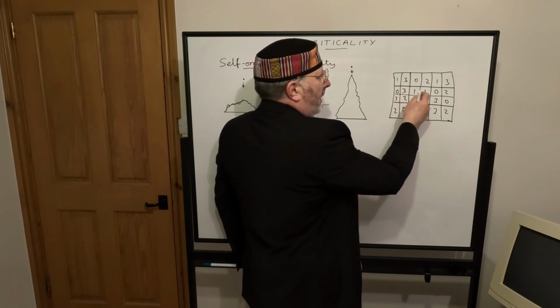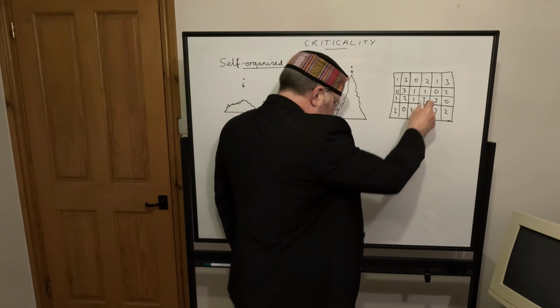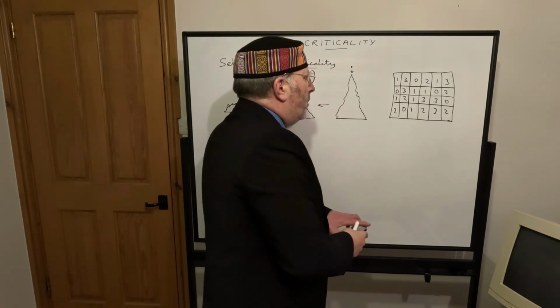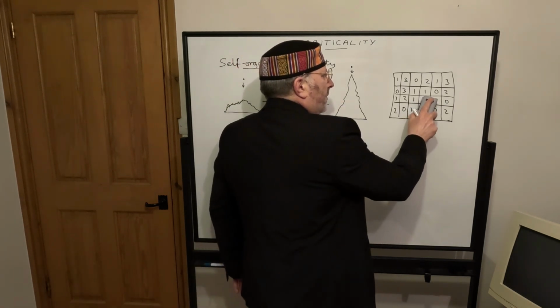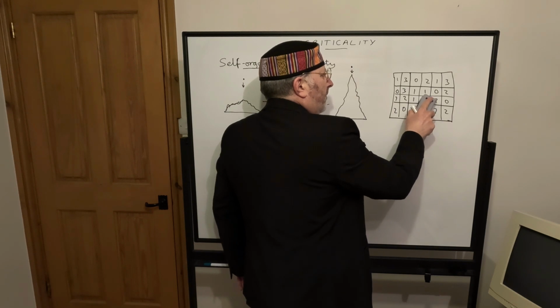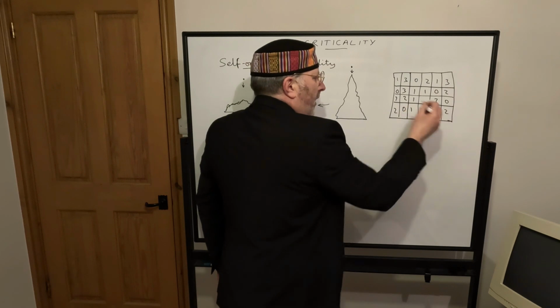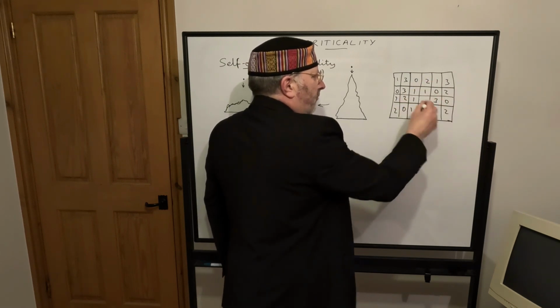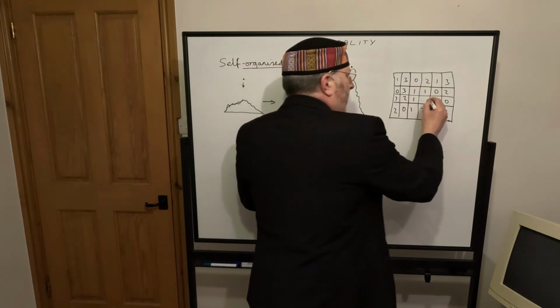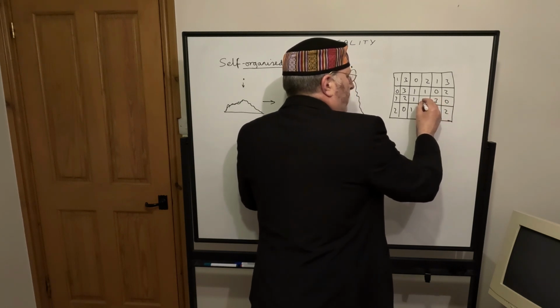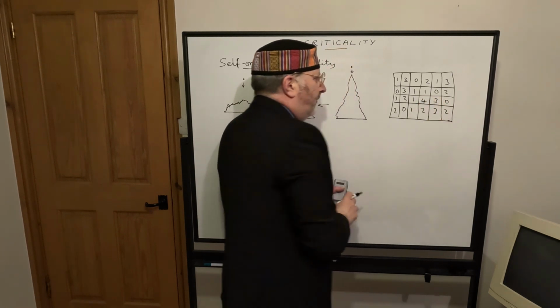So let's imagine that happening then. We can say, let's suppose the grain of sand is thought to go onto any one of these cells at random. So let's suppose that it hit this cell, which had 3, so that would take it to 4.